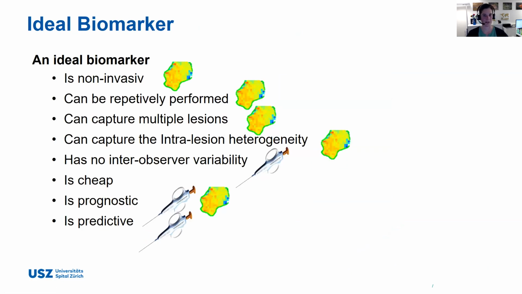Let me look back a bit at our ideal biomarker. I think it's clear that imaging has a lot of advantages when it comes to non-invasiveness, capturing the heterogeneity of multiple lesions, and also how often we can perform it. What we have problems with at the moment is certainly the inter-observer variability. I think pathology is far ahead of us.